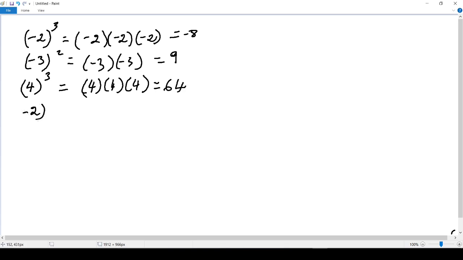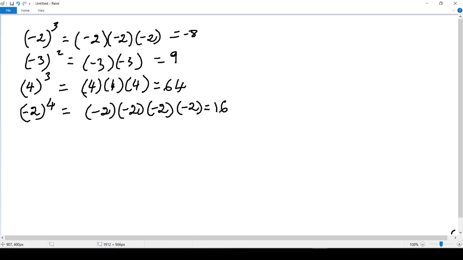Negative 2 to the fourth power is equal to negative 2 times negative 2 times negative 2 times negative 2, equal to 16.